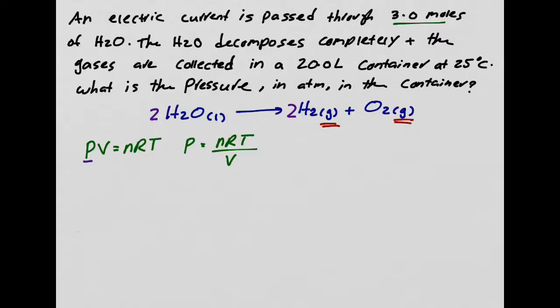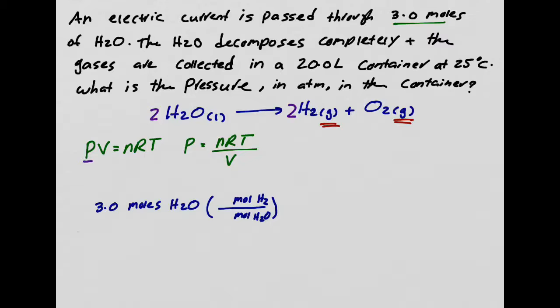I have 3.0 moles of H2O. I don't want H2O because that's not my gas. My gas is H2 and O2. So I'm going to convert it to moles of the gas. Moles of H2O goes on the bottom, and on top I want the moles of H2. Let's do H2 first.